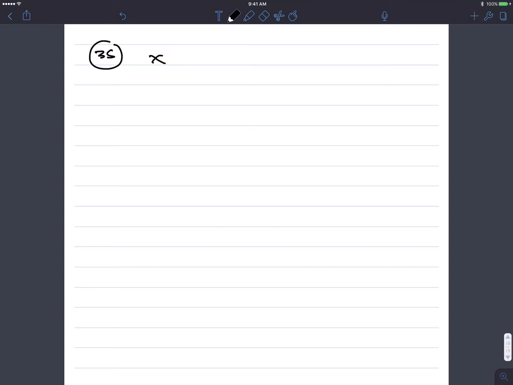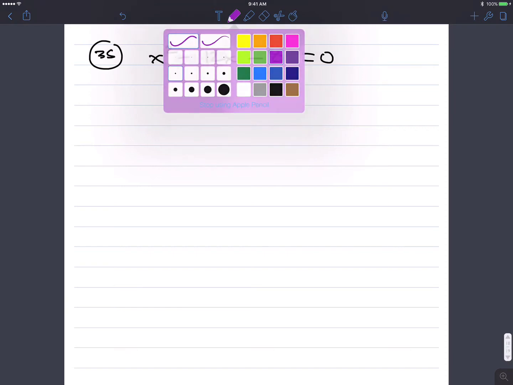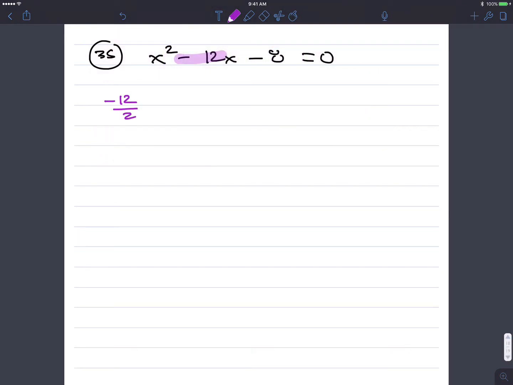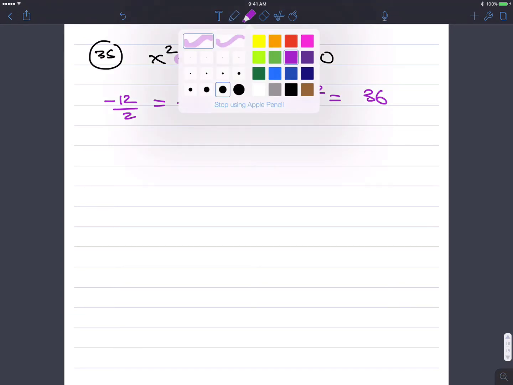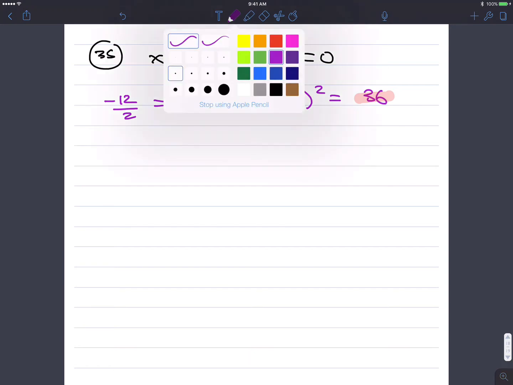So number 35. X squared minus 12x minus 8 is 0. B is negative 12. Negative 12 over 2 is negative 6. Negative 6 squared is positive 36. Use that 36.